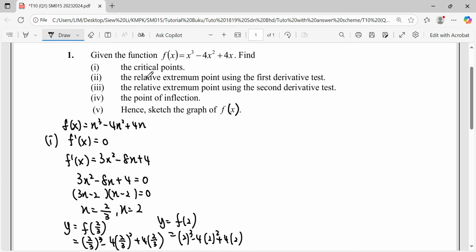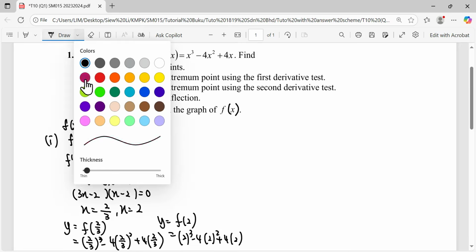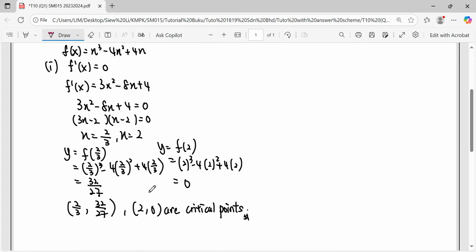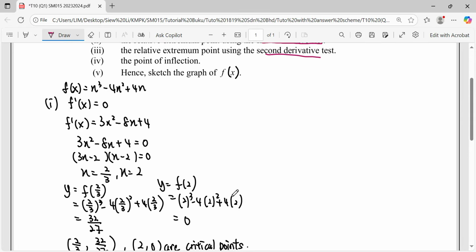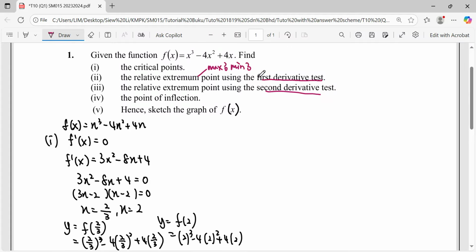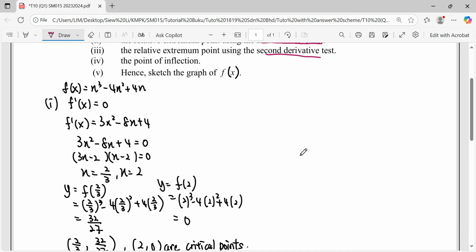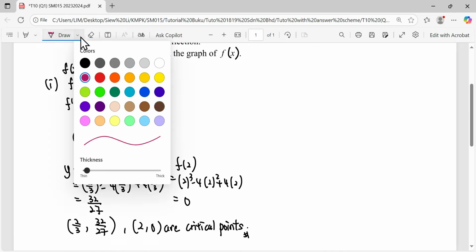The second task, find the relative extremum, asks you to find the maximum or minimum using the first derivative test, while the third part uses the second derivative test. Every time we get critical points and want to find the maximum or minimum, we need to do the test. For the second part of the question, they ask us to use the first derivative test.